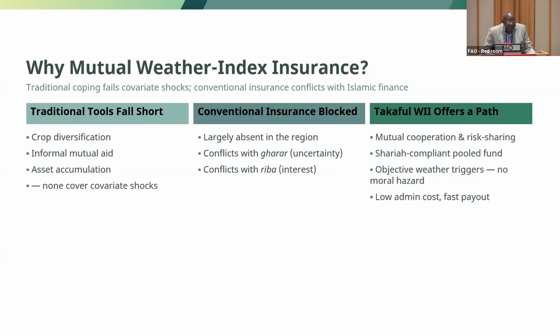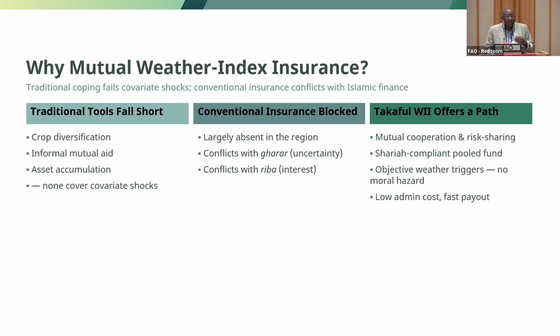More than that, there is a complete absence of conventional insurance in the area, simply because conventional insurance is not in compliance with Islamic finance, which seriously deters excessive risks, excessive speculation and interest.